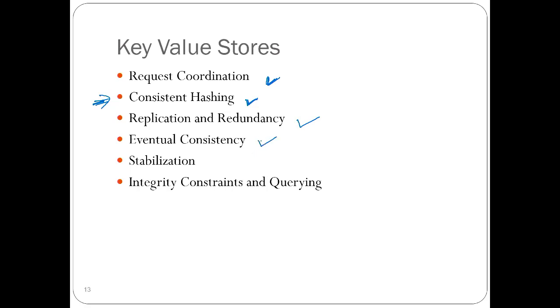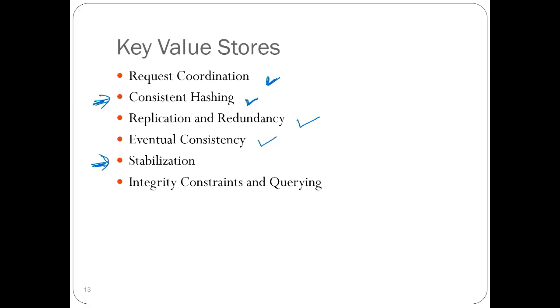We will have some idea about what eventual consistency is, and this is something that our NoSQL database guarantees, right? NoSQL cannot guarantee consistency, but what it guarantees is eventual consistency. We'll look into that. And yeah, stabilization, till that point I think I will be able to cover today, and after that probably the next class.